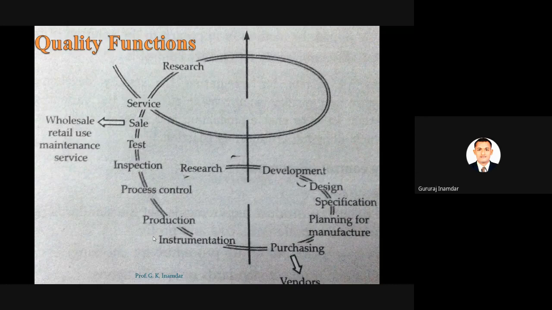For example, there are a number of purchase elements in industry. Suppose we take one industrial example of a production industry, for example, automobile manufacturing. So what purchasing is required in that mechanical core industry? As you might be knowing, because you are in final year.